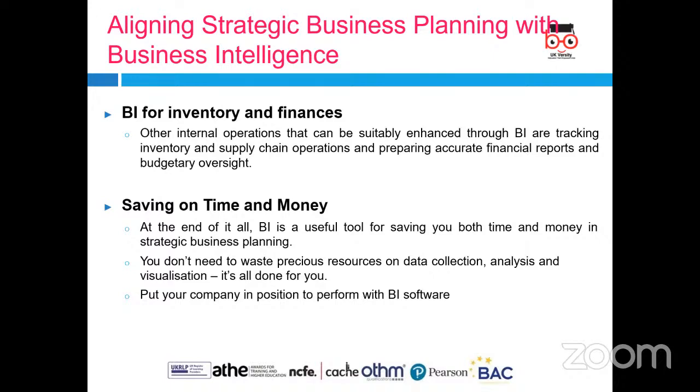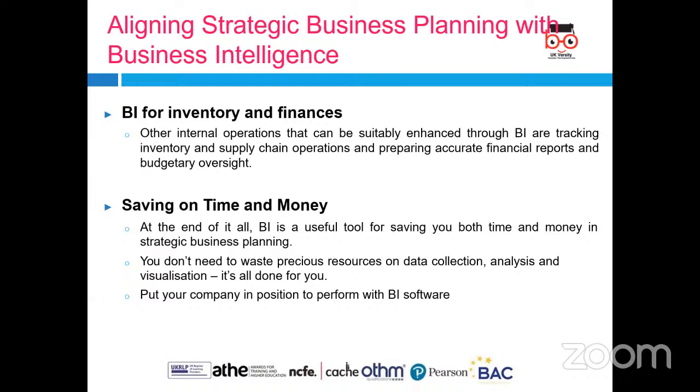BI is also used for inventory and finance, where all the internal operations can be suitably enhanced through BI, and it can benefit tracking inventory and supply chain operations, which we already mentioned in the previous tutorial.